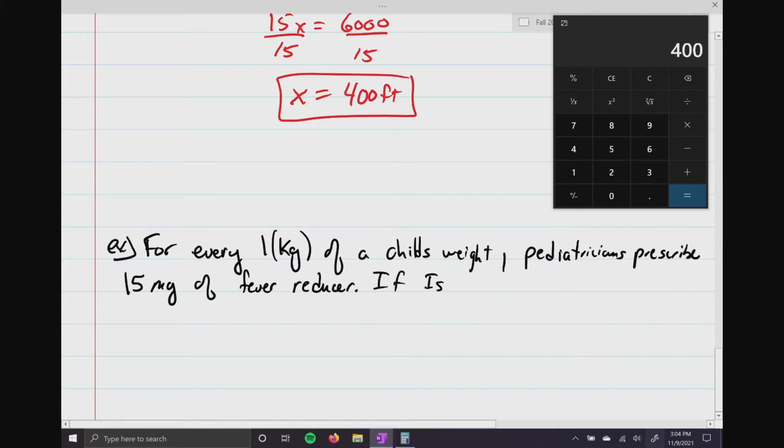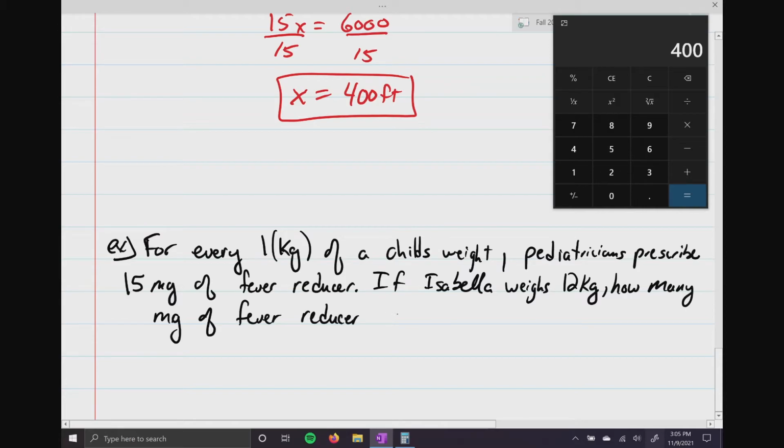If Isabella weighs 12 kilograms, how many milligrams of fever reducer will the pediatrician prescribe? Okay.